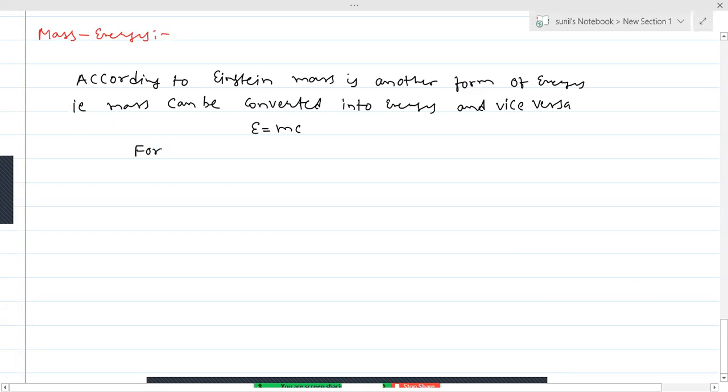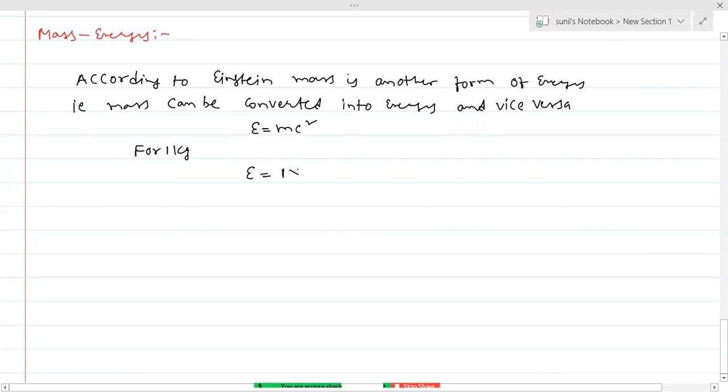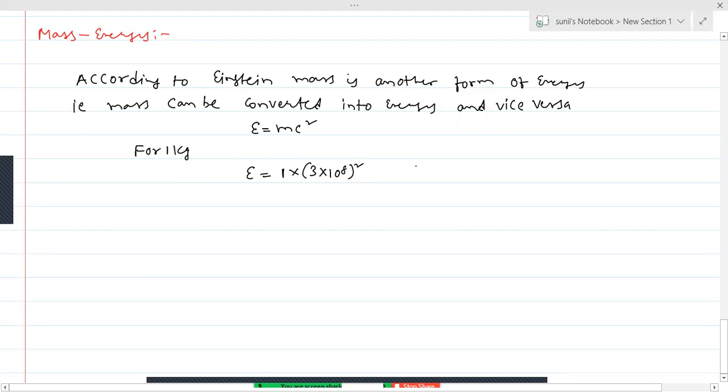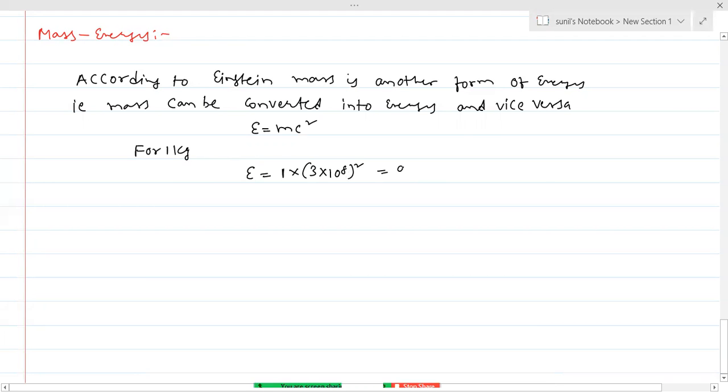So generally we will use this principle when the mass is given in grams or kilograms. Suppose for 1 kilogram, the energy is equivalent to m means 1, c means light velocity, 3 into 10 power 8 whole square. That is equivalent to 9 into 10 power 16 joules.